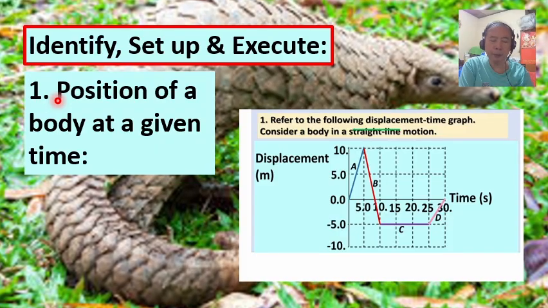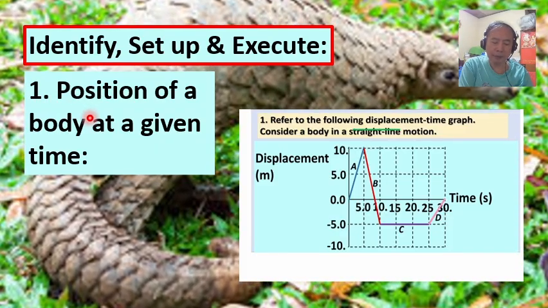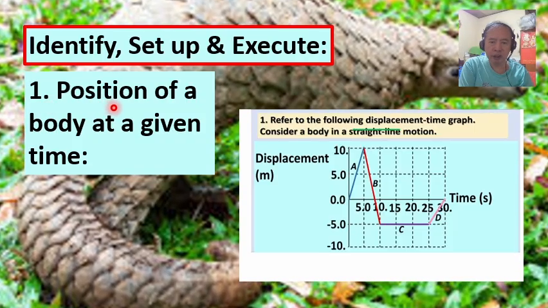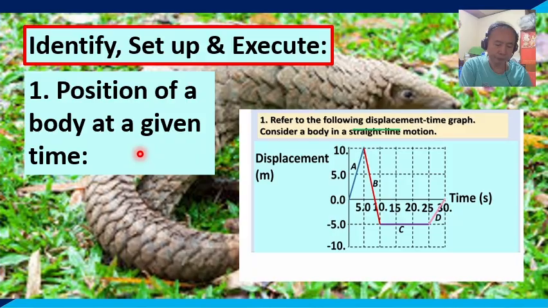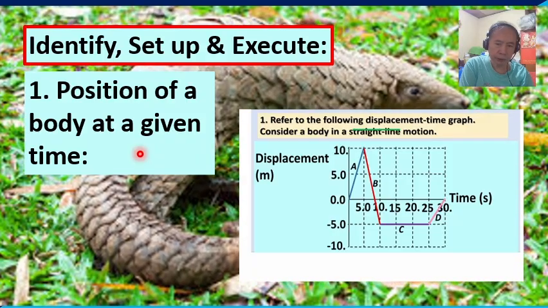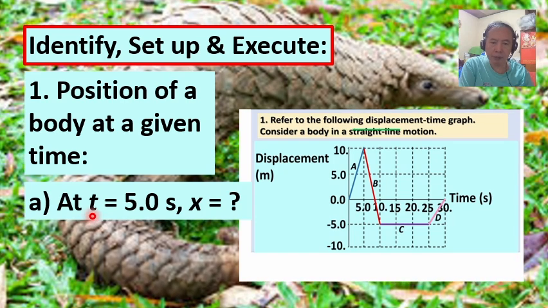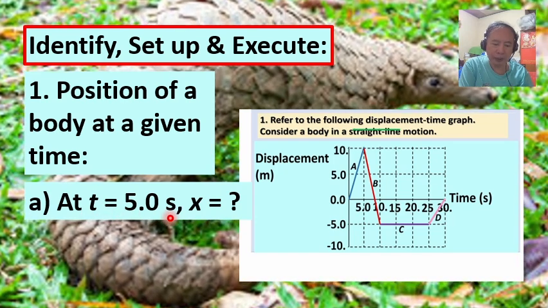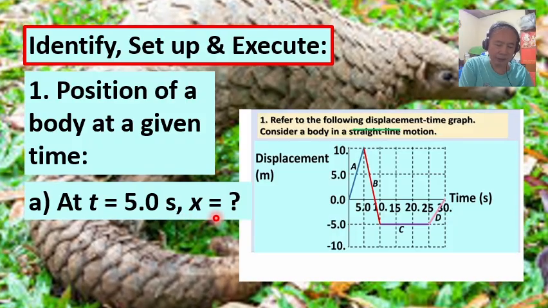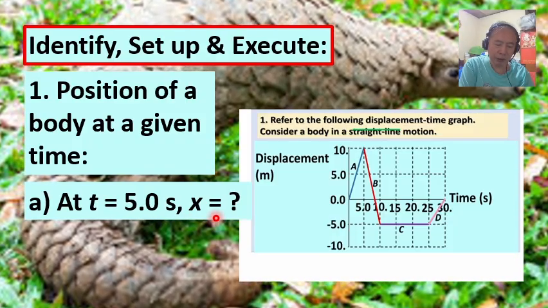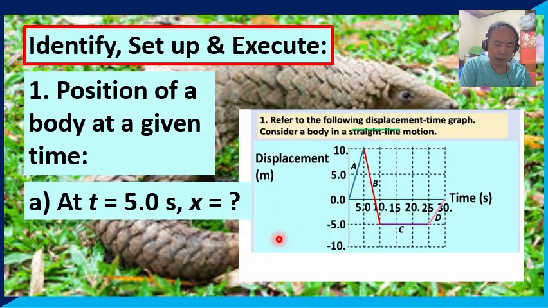The first information that we can glean from a displacement time graph is the position of the body at a given time. For example, at time t equals 5.0 seconds, what is the position or x coordinate of the body?